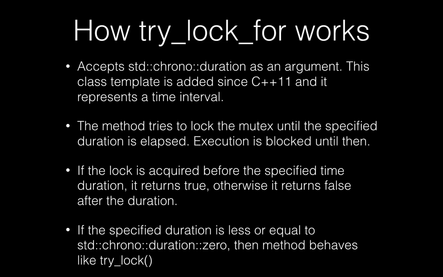If the lock is acquired before the specified time duration, it returns true, otherwise false. If the specified duration is less than or equal to 0, like std::chrono::duration 0, then the method behaves similarly to try lock. So it just returns false if the lock is not acquired.